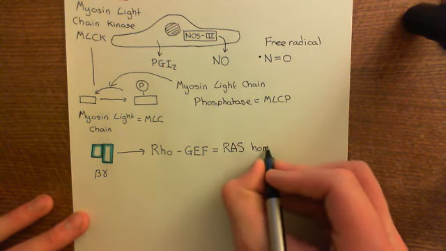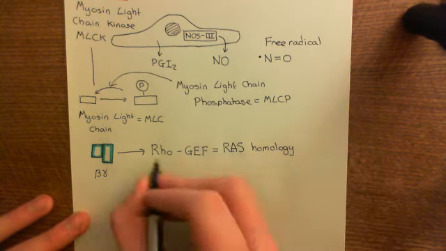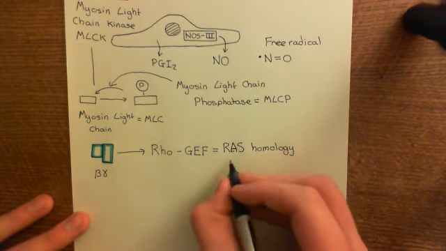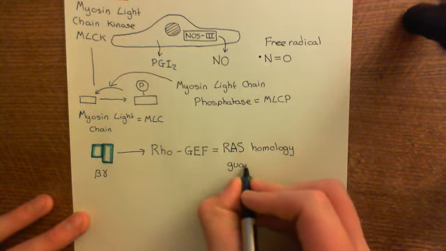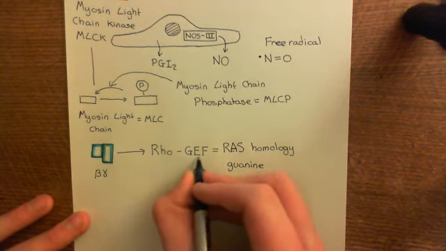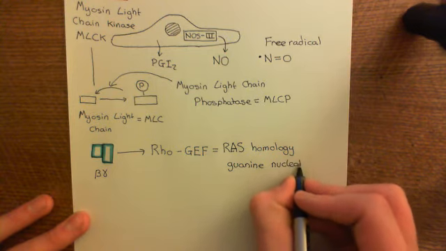They took the R from Ras and the HO from homology. And then GEF is guanine nucleotide exchange factor. Whenever you see GEF, it always means guanine nucleotide exchange factor.